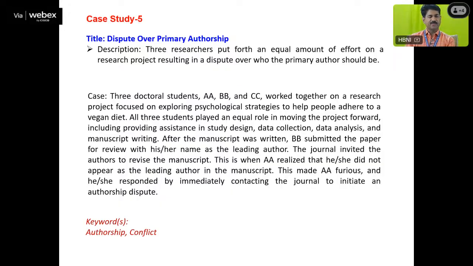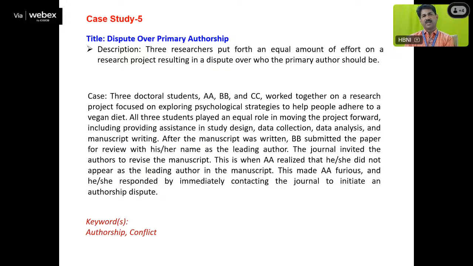The detailed case is: 3 doctoral students, I've just called them AA, BB, CC. They worked together on a research project focused on exploring psychological strategies to help people adhere to a vegan diet. So a vegan diet, and whether it has some psychological strategies.